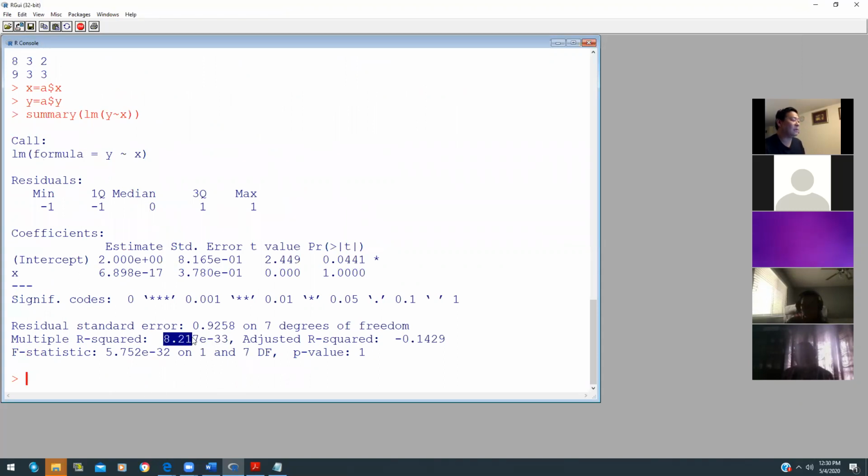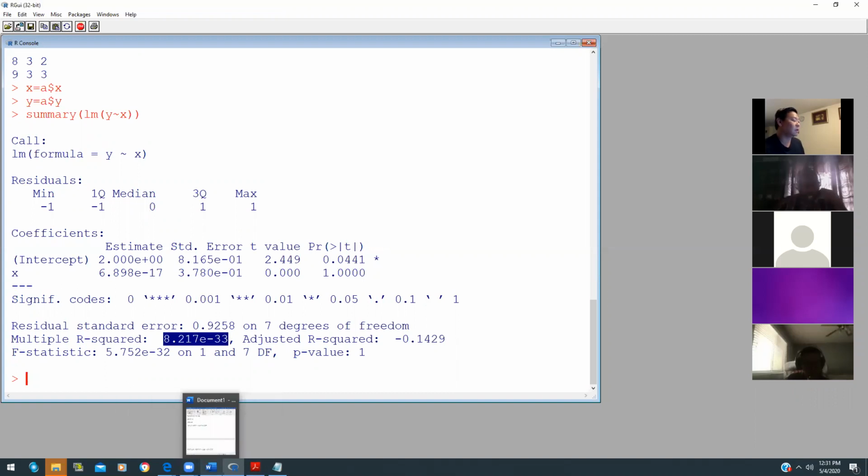Do you know what this number is, anyone? Anyone know what this number is? Exponential, it's times 10. Yes. So this is actually 0.000000032, 32 zeros. I don't count. And then 8217.